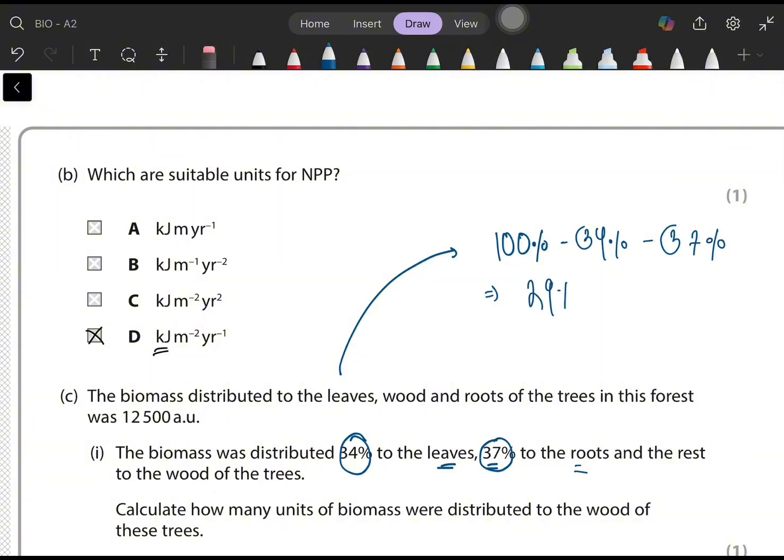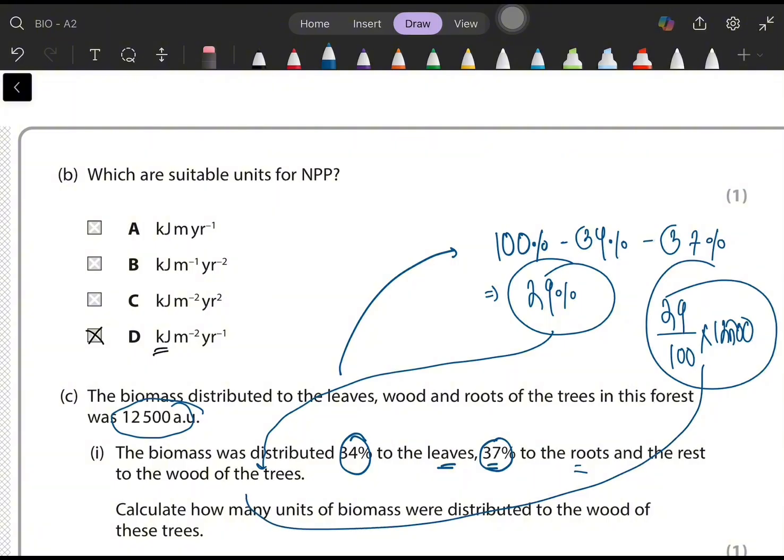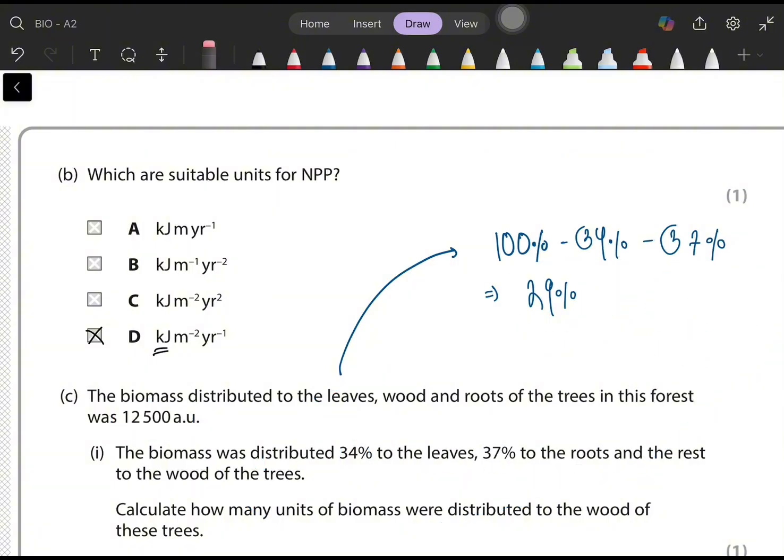And this 29% represents the biomass that was distributed to the wood of the tree. You know that the total biomass was 12,500, so 29 by 100 times 12,500 would give us the biomass that was distributed to the wood of the tree. Clear on this? All right, let's move on.